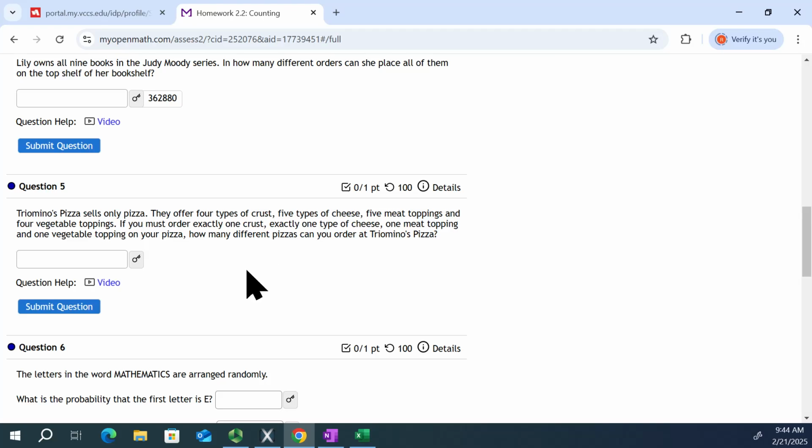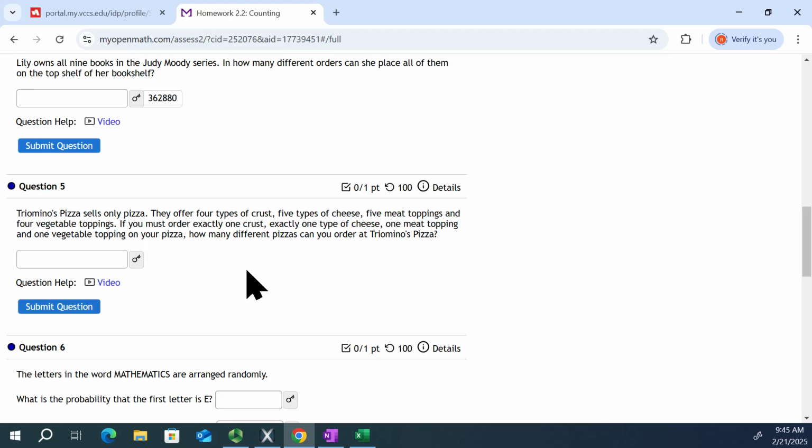This one, we have pizza, 4 types of crust, 5 types of cheese, 5 meat toppings, and 4 vegetable toppings. Why would you put vegetables on a pizza? Personal preference. How many different pizzas can we have? How many types of crust?